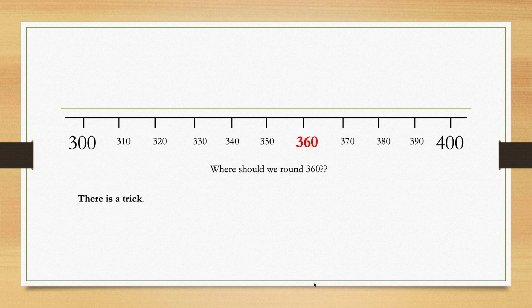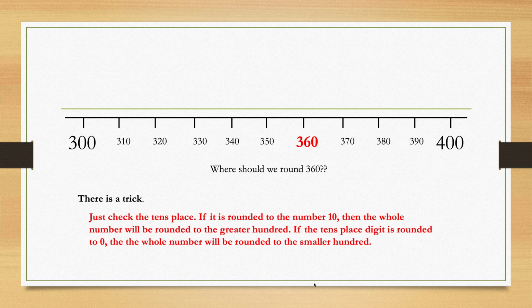There is a trick here also, so don't worry. Just check the tens place. If it is rounded to 10, then the whole number will be rounded to the greater 100. If the tens place digit is rounded to 0, then the whole number will be rounded to the smaller 100.